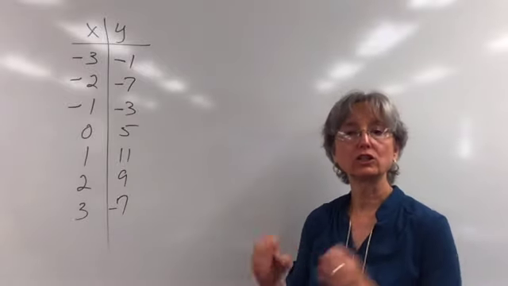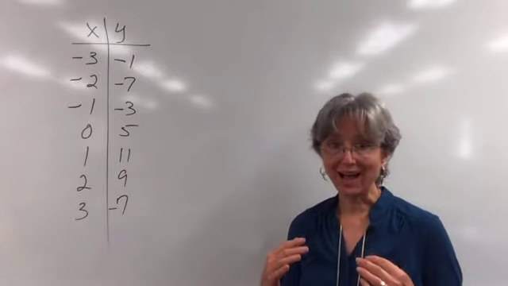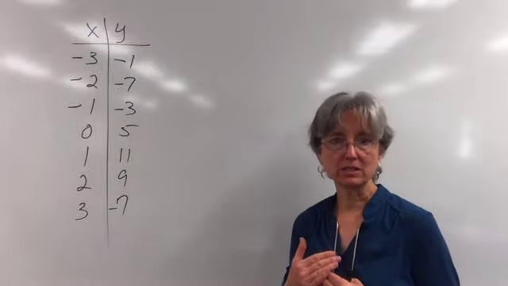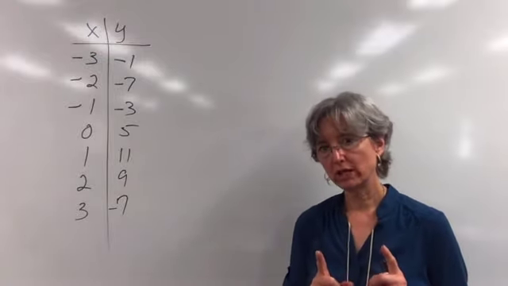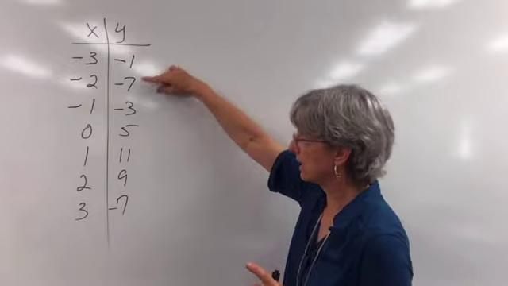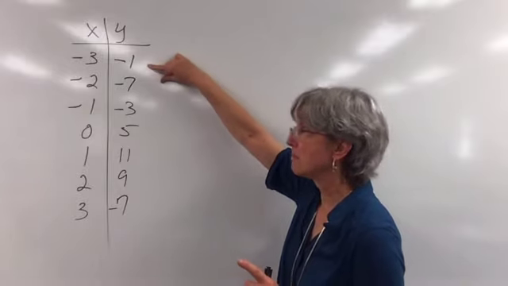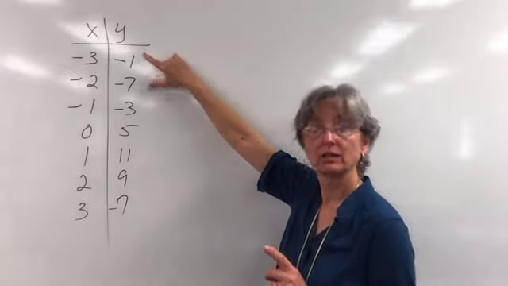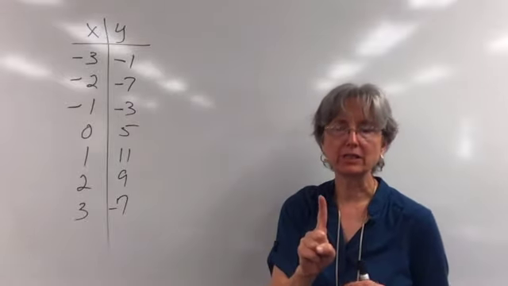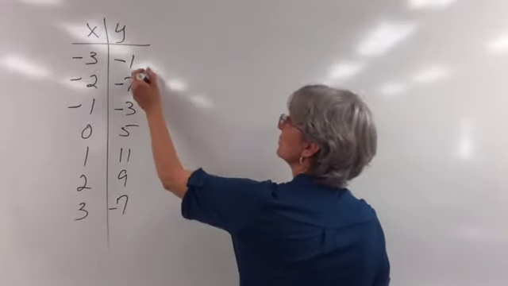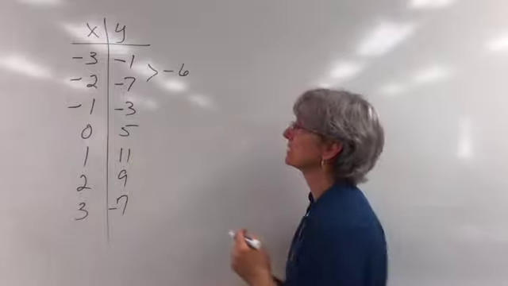And what I do is I look at the outputs, my y's, and I find the differences between them, going in the same direction. So in this case, I could go -7 minus a -1, which would be -6. Please be careful you're subtracting. So these two would be -6.